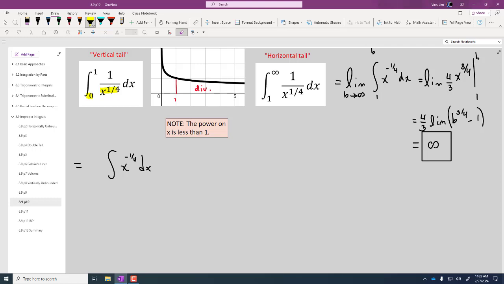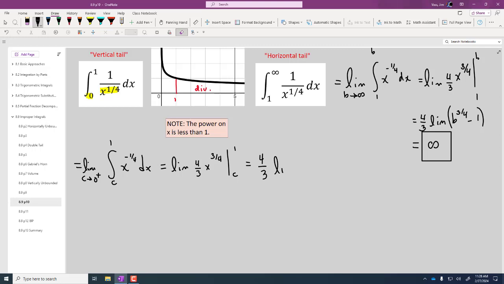Okay, so we're going to take the limit as c goes to 0 from the right, and we're going to go from c to 1. Same antiderivative: we get 4/3 x to the 3/4. Plug in our limits of integration, and we could factor out the 4/3, just to get it out of the way so we can think about the limit without the constant in there.